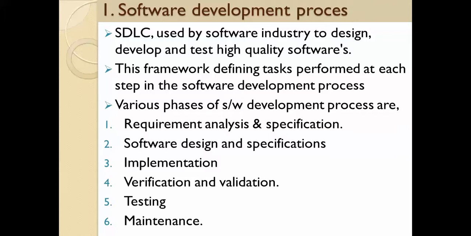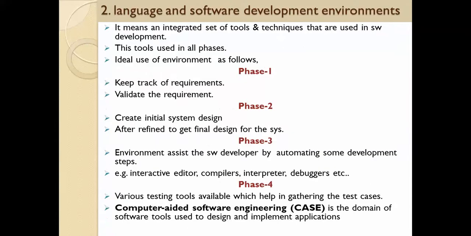Second is the software development environment. The software development process uses the software development life cycle, but in each phase they use a set of tools and techniques to perform the tasks defined by that phase. Mainly we consider four phases: phase 1, phase 2, phase 3, phase 4.